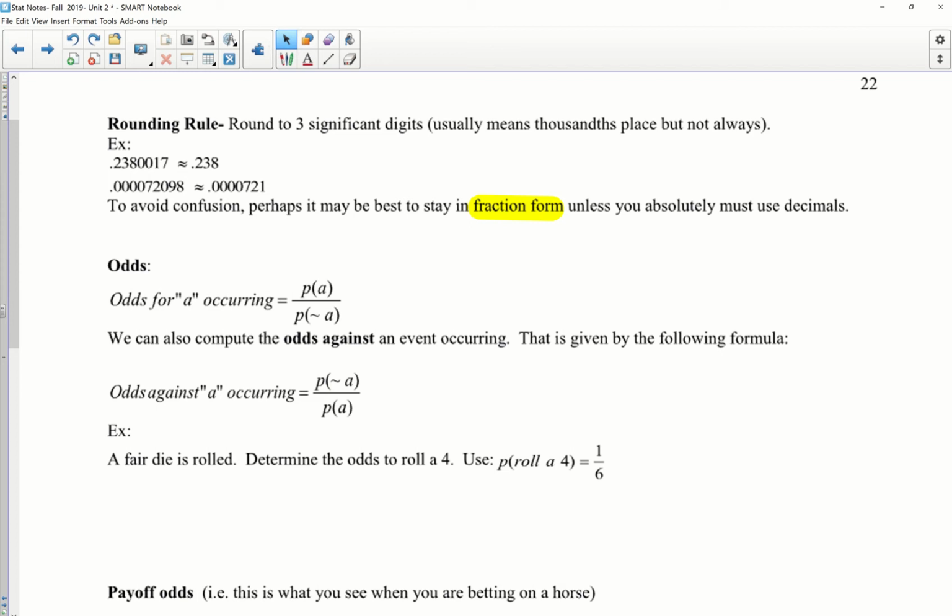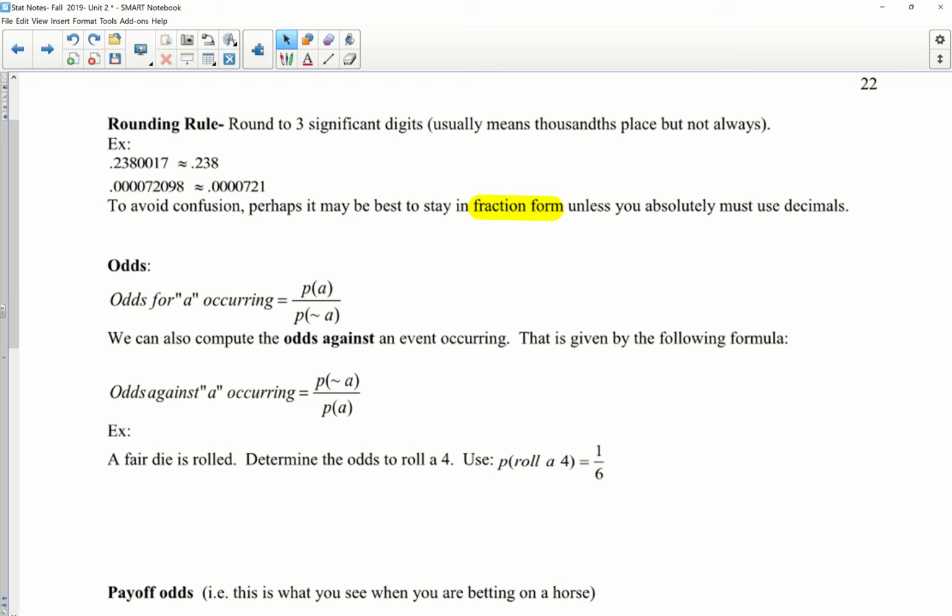Some solutions you get are going to be so disgusting in decimal form that you're going to have no choice but to round it. But once you convert it over to fraction form, it's actually not that bad, so I'll just go with that. So why not just put it in fraction form? Besides, if you put it in decimal form and round it, you're losing some accuracy. Fraction form will be the most accurate form.